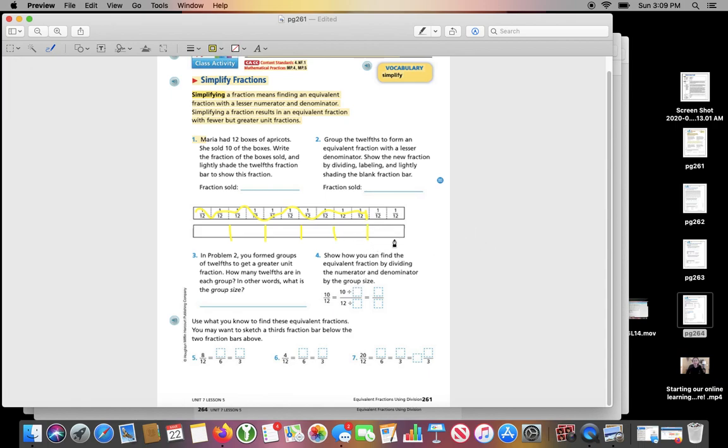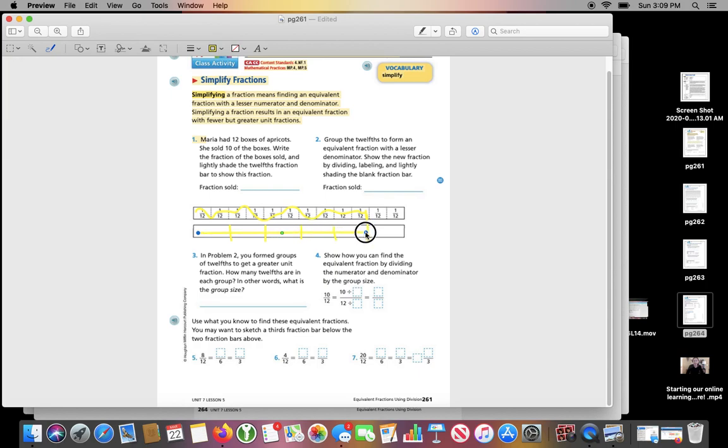I have 6 parts. So now it says show the new fraction by shading what she sold. The fraction that she sold now that we have it into sixths. So it's still going to line up.